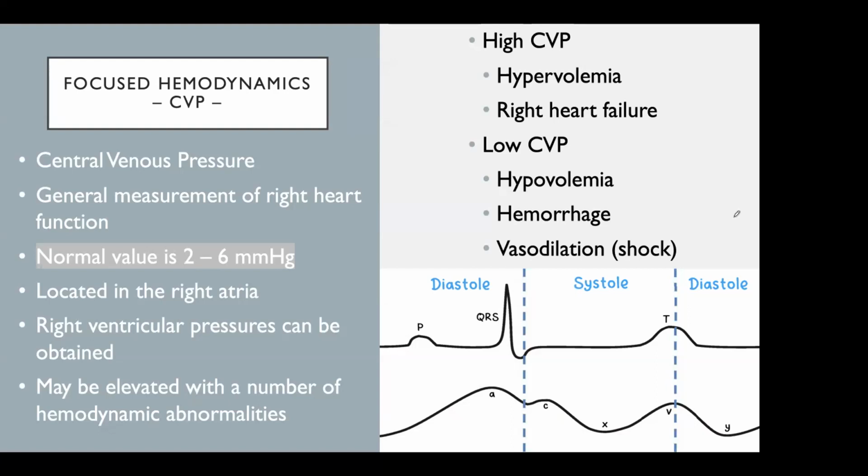But the hypervolemia, especially with your cardiac patients and especially with your septic patients, fluid management is going to be highly important. So looking at high CVPs with hypervolemia, then you know that they may be fluid overloaded. We know what that may cause, or we'll find out later. A low CVP is essentially the opposite, right?